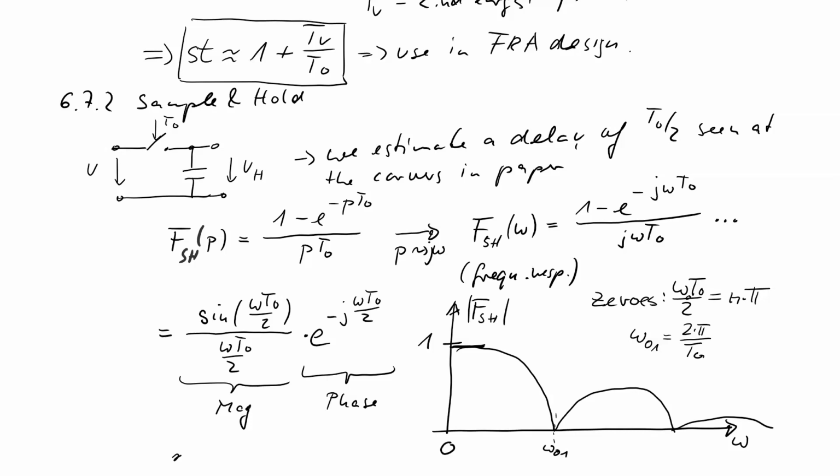What is this as a frequency? The f01 frequency, that's a radian frequency, the frequency itself has to be divided by 2 pi, is 1 over sampling time. This is the sampling frequency.